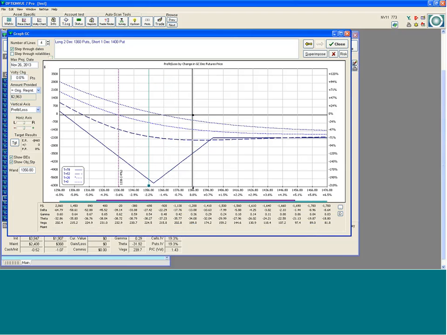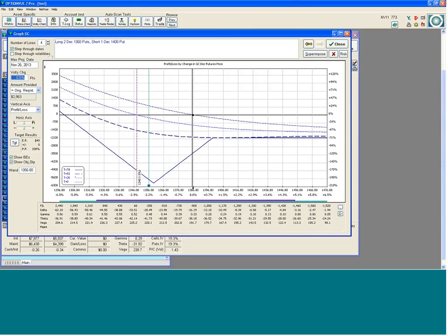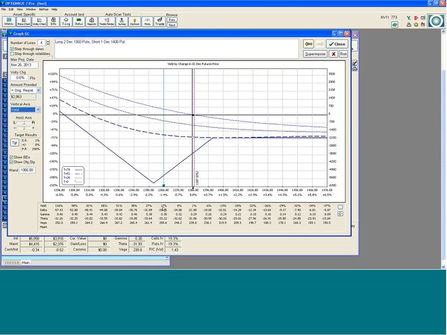And even if the market were to move down by $20 on the day you put this on, and you look at the return on margin, the return on margin is 17% with a $20 move on the day you put the trade on. The profit is $500 with a $20 move.